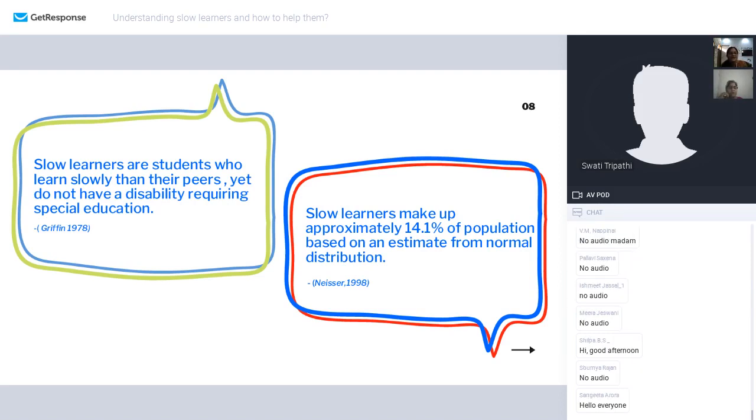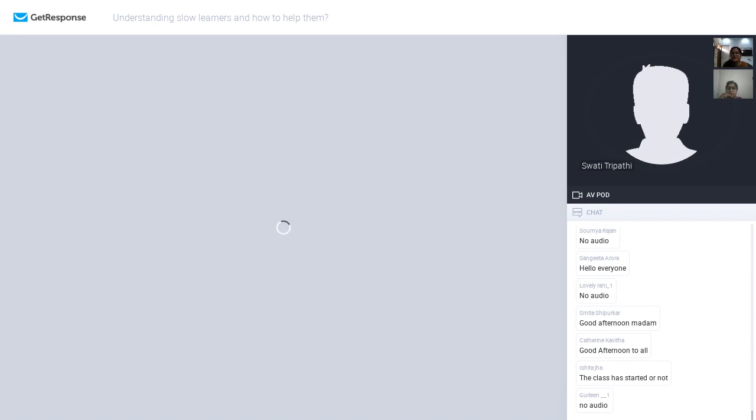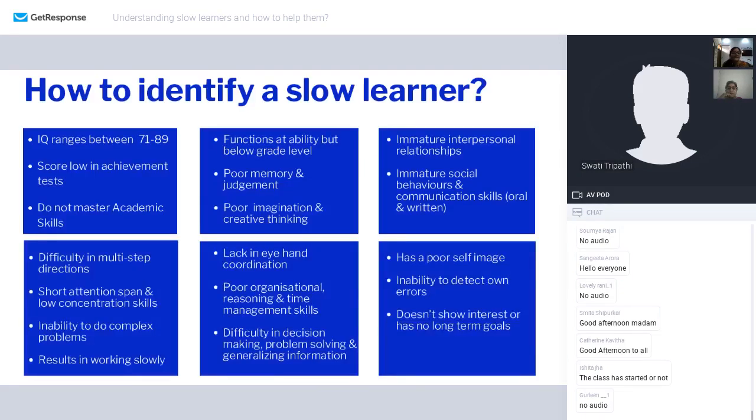The prevalence rate of slow learners is approximately 14.1% of the population based on the estimated normal distribution. That means there are 14.1 percent of children who are slow learners. They are in the schools, they are in the classrooms. We have to identify them. Now let us see how to identify slow learners.